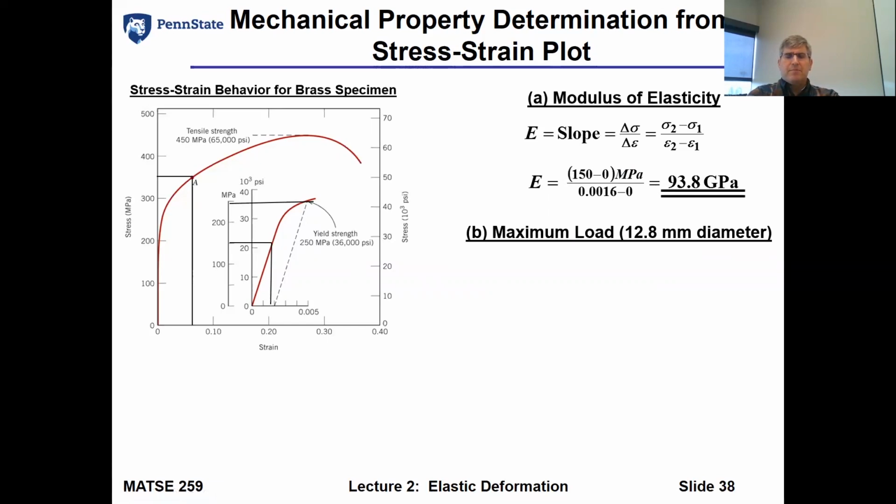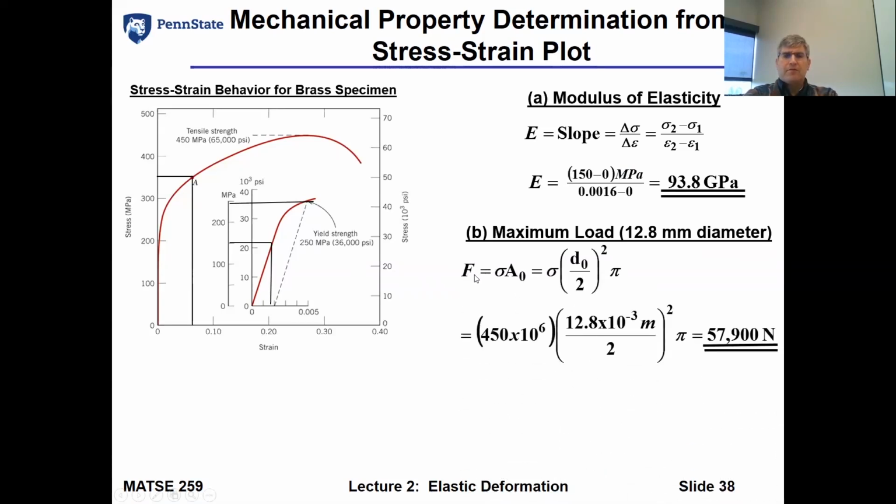Now, what's the maximum load? We know that we can measure load from our engineering stress strain curve, our definition of engineering stress. So let's assume that we have a 12.8 millimeter diameter bar, and we know that the force equals the stress times the original area because we're using an engineering stress strain curve. We can take the cross-sectional area for that bar and determine that maximum load.